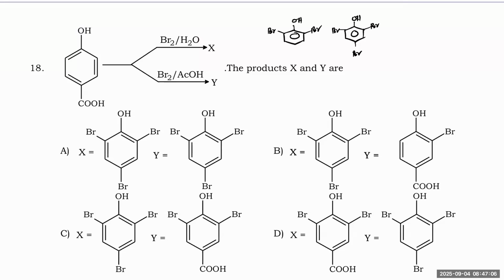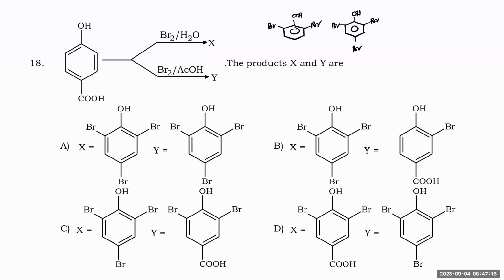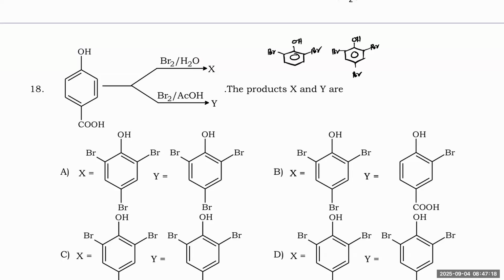See, in the first case, how does the mechanism take place? One second. Oh, bromine in ACOH. Sorry, I made a mistake there. Let me show you the mechanism once.